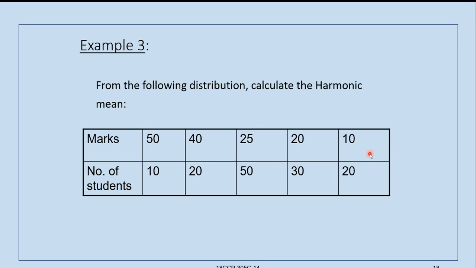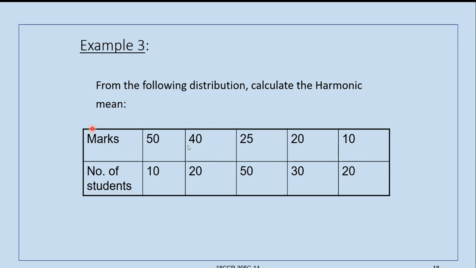Then we'll prepare the table. First column 50, 40, 25, 20, 10. Second column 10, 20, 50, 30, 20. So add all the frequencies, that is as we have done, 130 is the total value. Now you take the third column, that is finding the reciprocals of x.